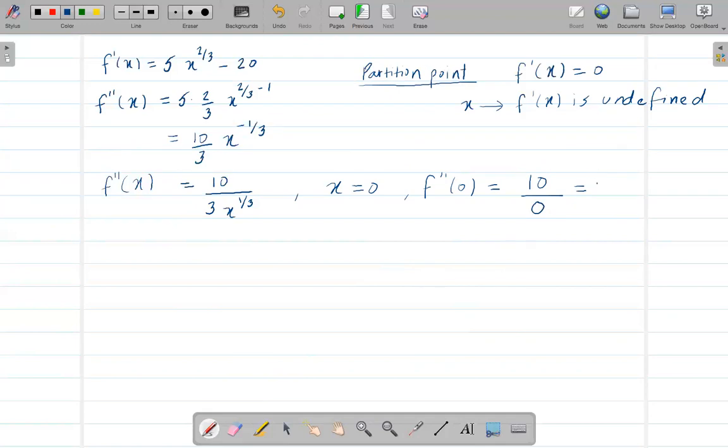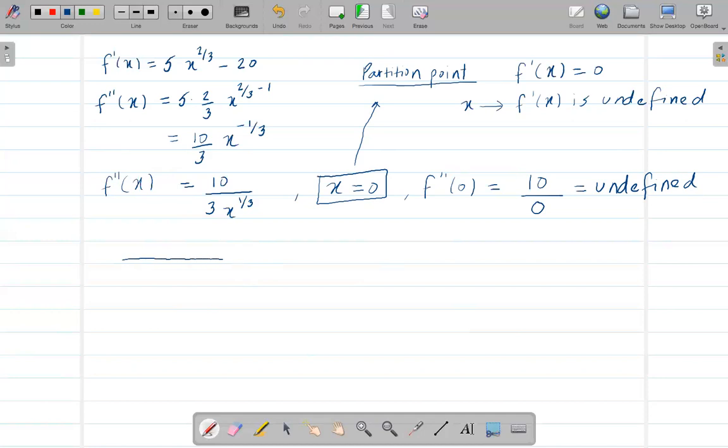So anyway, this is undefined. Now we can say this is a partition point, but we still don't know if this is the inflection point.